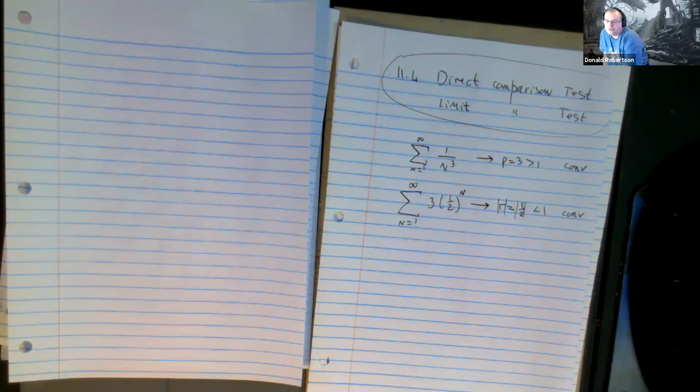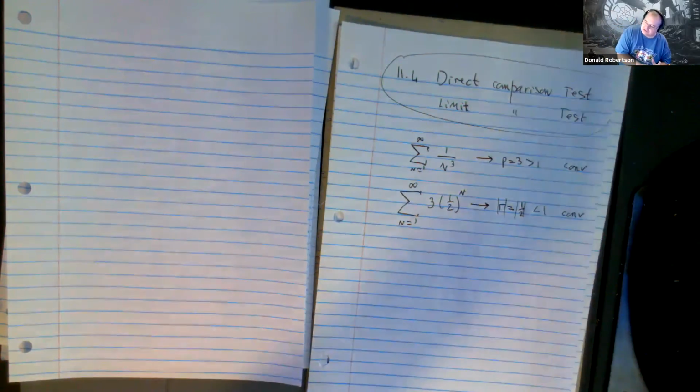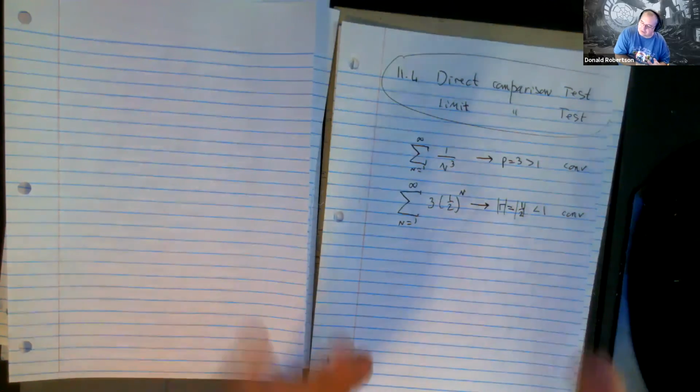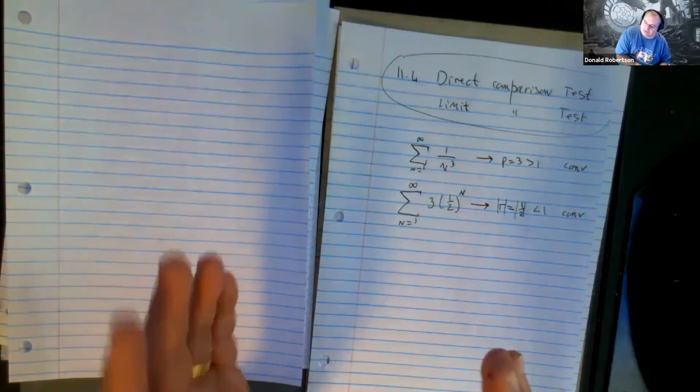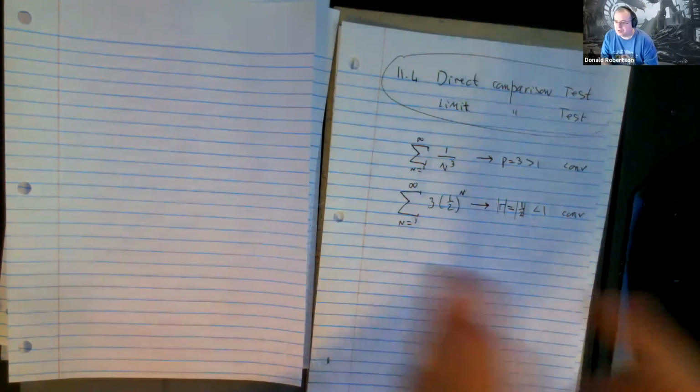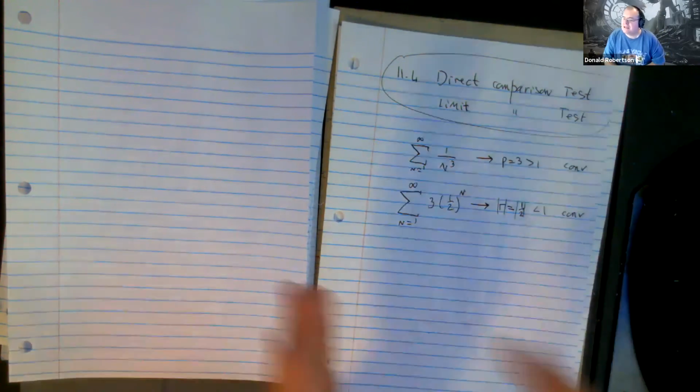We are going to use those two as our comparisons. In other words, I'm going to have a series and I'm wondering if it converges or not. And so what I do is I take that series and I find out who its comparison is. Who does it behave like?